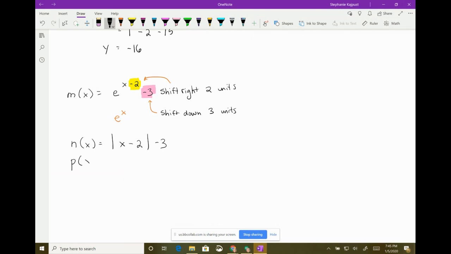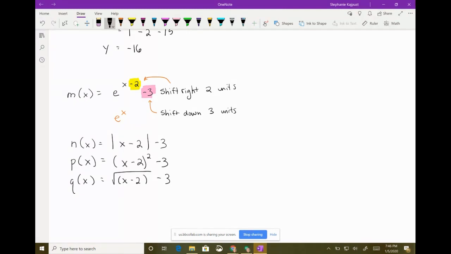If you had a quadratic, your transformation again happens with the x, so that would be x minus 2, that's where the square happens, and then the minus 3. You can do something with the square root. That same transformation, we'd have x minus 2 inside the square root, the minus 3 outside. So you can kind of see a pattern. The same transformation happens, it's just the function is changing.